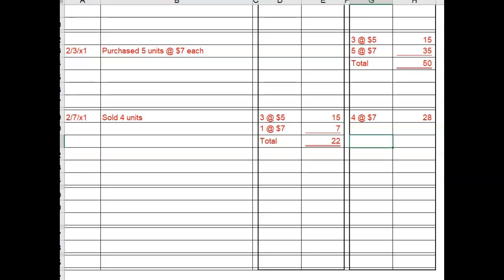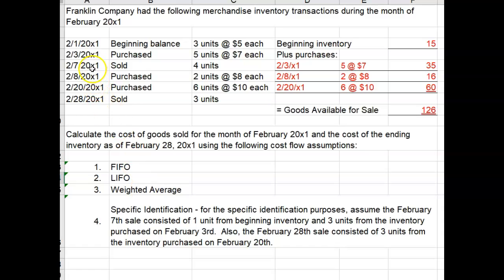Now, to stay organized, whenever you purchase new units, always bring your old units down to the new box. You always want to organize your inventory from the oldest to the newest. So what happened next was on February 8th, we purchased 2 units at $8 each.